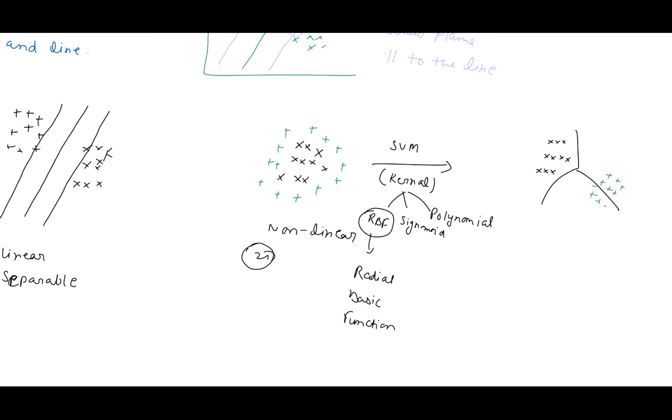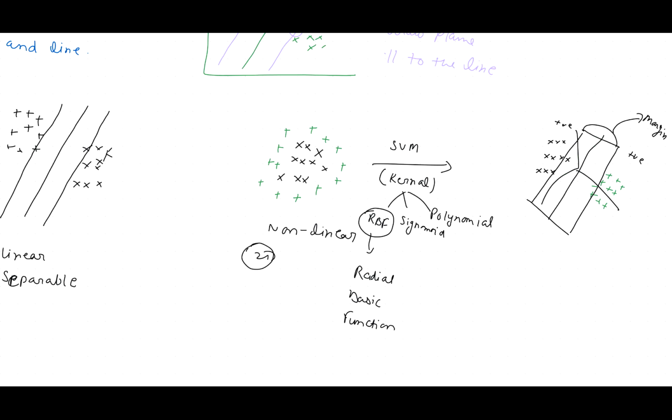It will draw the line like this, and this is a plane. This is your negative distance, this is the positive distance, and this is the margin.